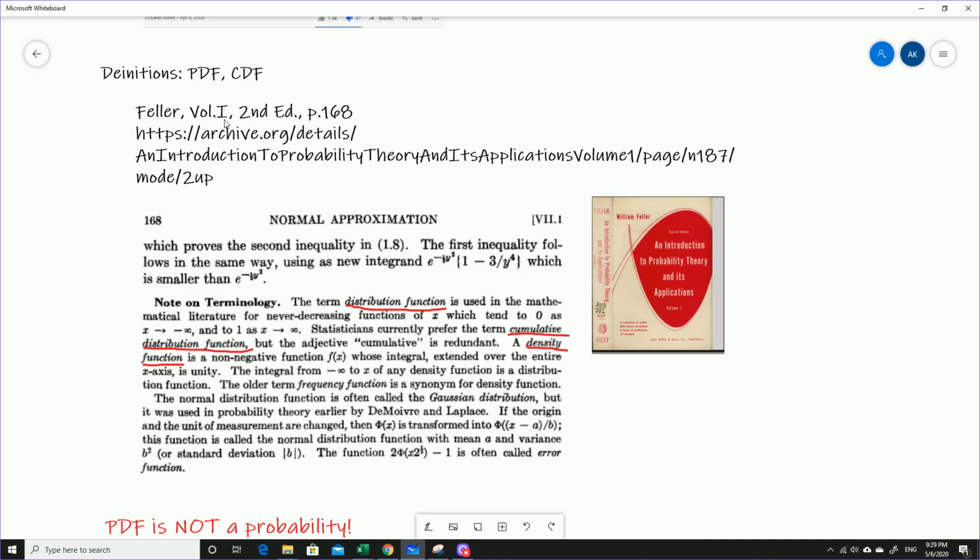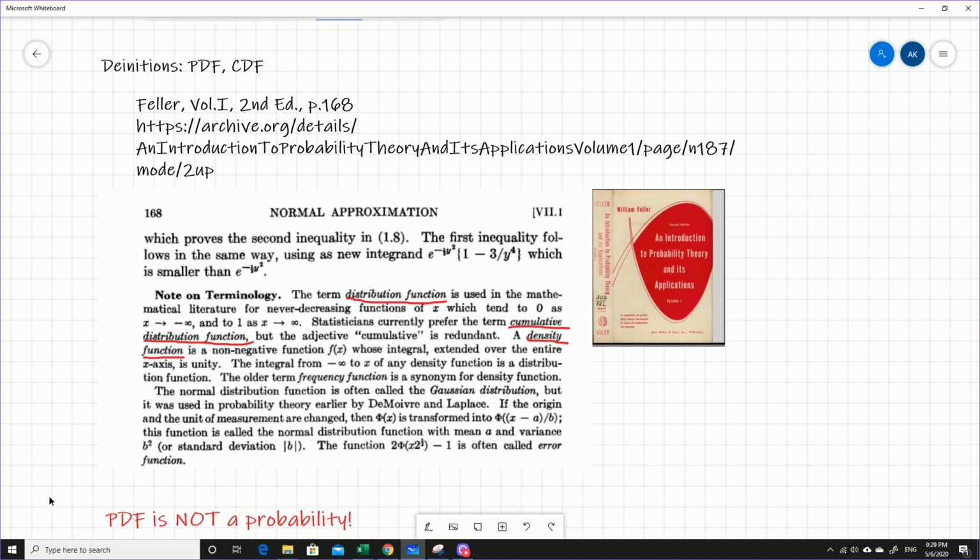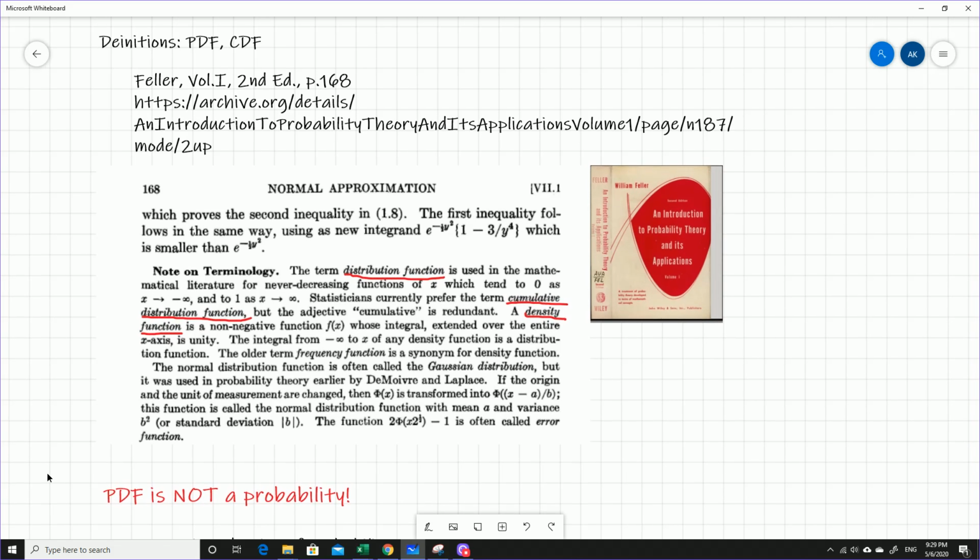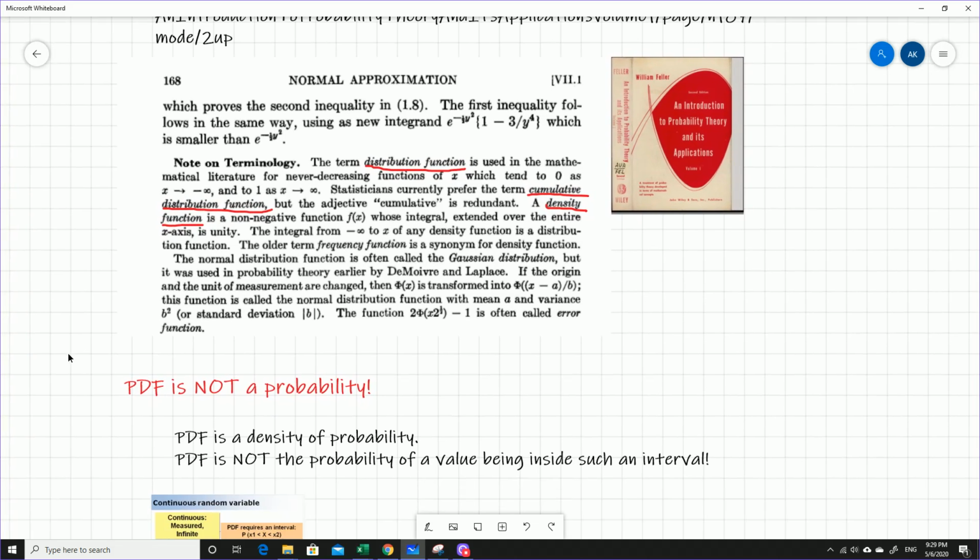It's volume 2, second edition, page 168. These few lines, literally I think 7 lines, are all the definition of PDF and CDF that is given in this book, and it's a seminal book. It's very important in probability theory, I would say, as a textbook.